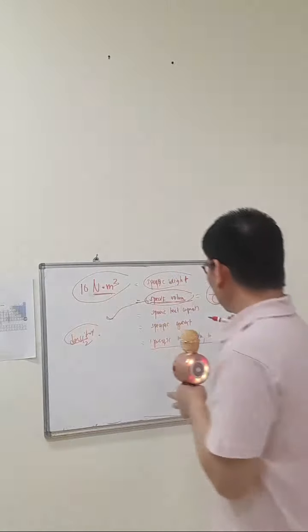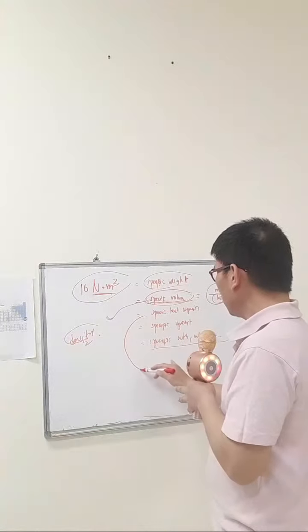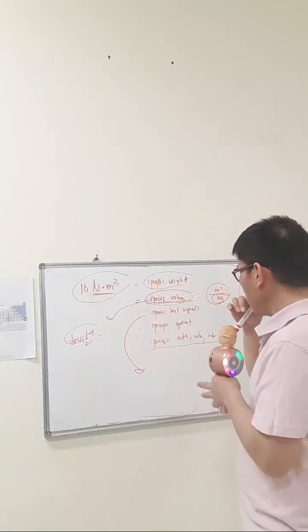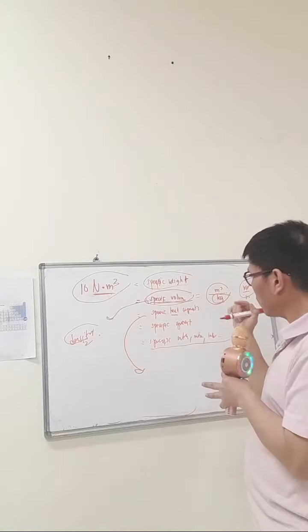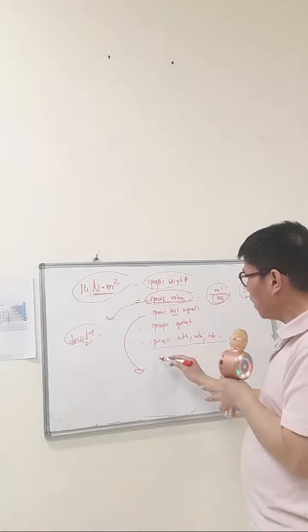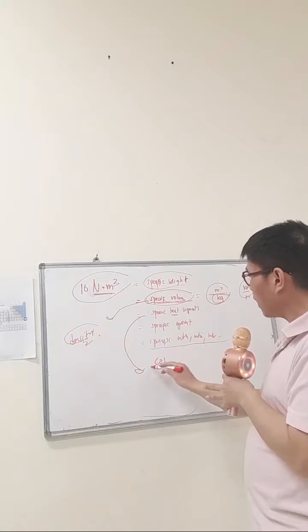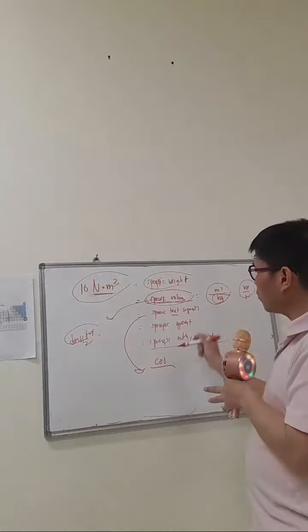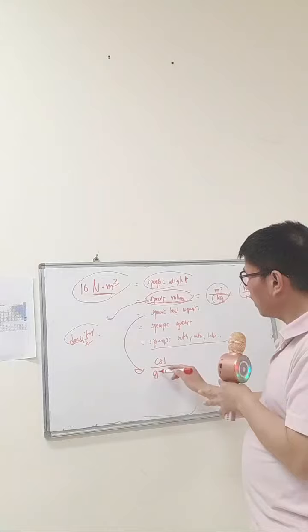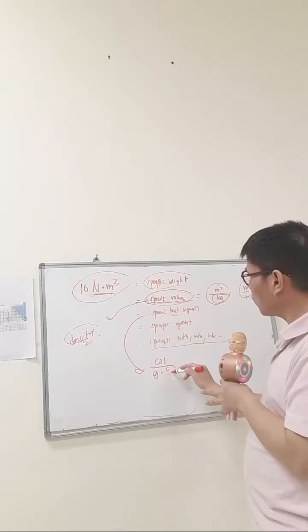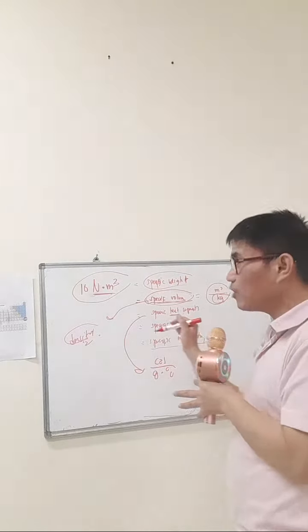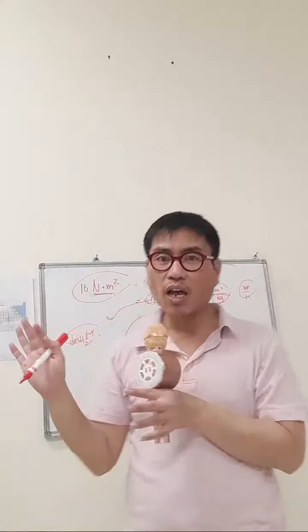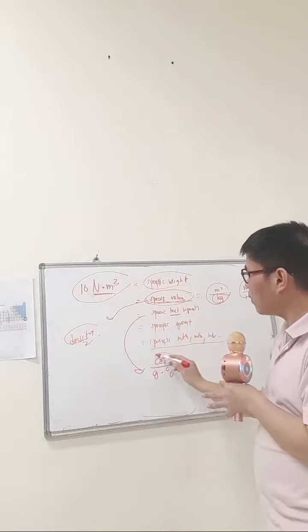So let's go now to the specific heat capacity. This is heat, so expressed most of the time in calories. Mass in the denominator, so grams. And then there's Celsius because this is specific heat, driven by temperature changes. So calorie per gram degree Celsius.